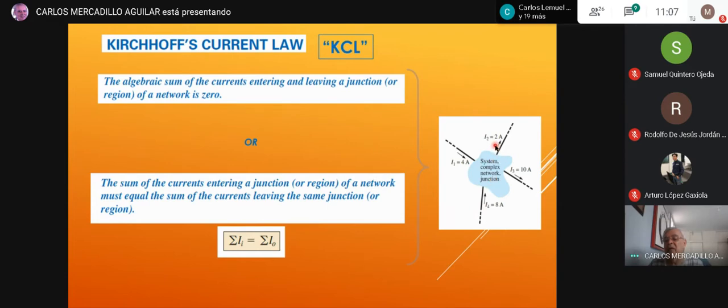And these two which are leaving are negative. So the equation will say 4 plus 8 minus 2 minus 10 equal to 0. Que es lo mismo que lo que hicimos aquí, pero rigurosamente la ley dice que la suma algebraica de las corrientes es igual a 0.